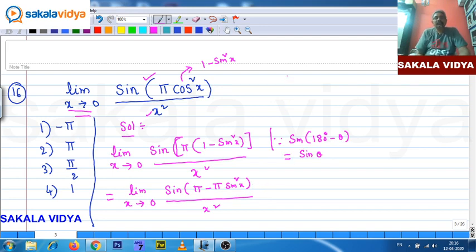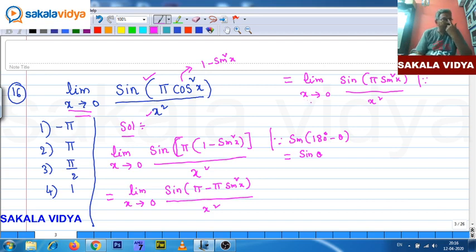So this can be written as limit x tends to 0, sine of pi sine square x upon x square. Already yesterday I explained, limit x tends to 0 means x is very small. So sine square x is approximately equal to x square.